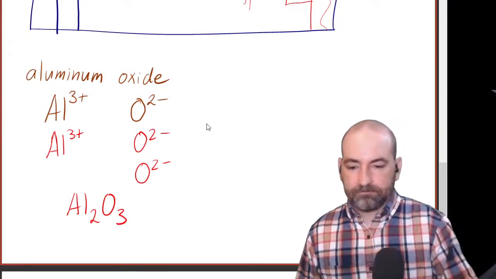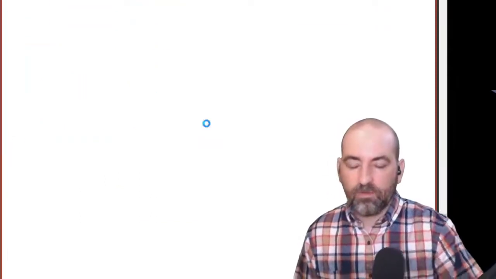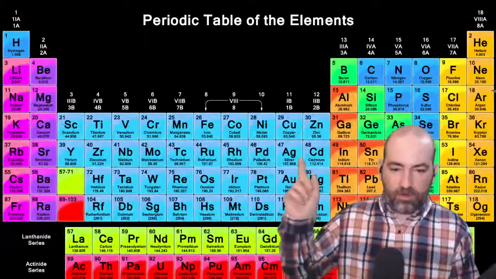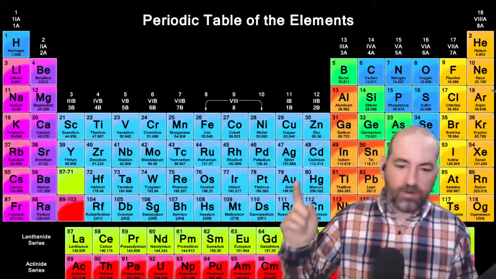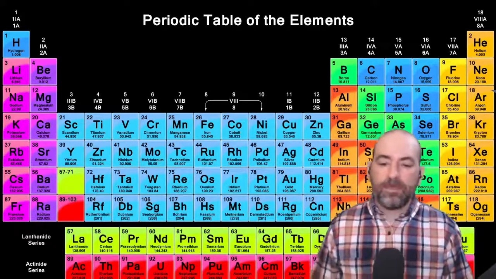All right. So now what happens in that middle part of the periodic table? Let's say we're looking at ionic compounds with iron, which is Fe, or cobalt, or nickel, or platinum, or even over here, things like lead, tin, that don't fit nicely in what we just did.